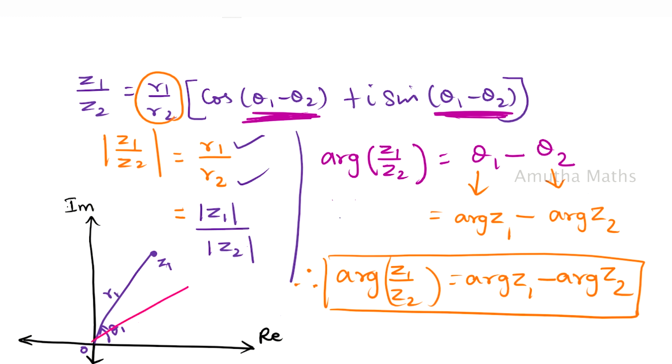And let Z2 be another complex number which makes an angle theta 2 and its distance from the origin is R2. Then the complex number Z1 by Z2 will make an angle theta 1 minus theta 2 with the positive side of the x-axis, whose modulus is R1 by R2. Okay. So this is the diagrammatic representation.